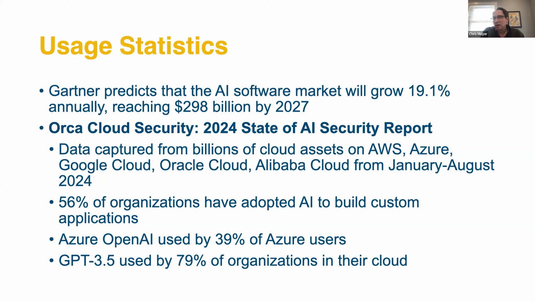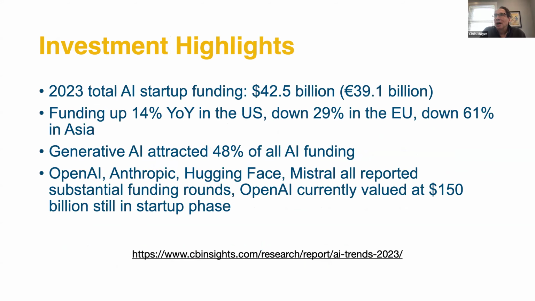Their findings, and it's a self-selecting sample: out of that sample, 56% of those organizations are doing something with AI to build custom applications. Azure OpenAI was used by 39% of all Azure users. And then GPT-3.5, which was the free tier this year, was used by 79% of the organizations in their cloud. So lots of people are looking into this and doing stuff with it.